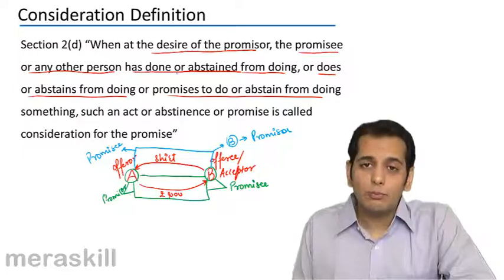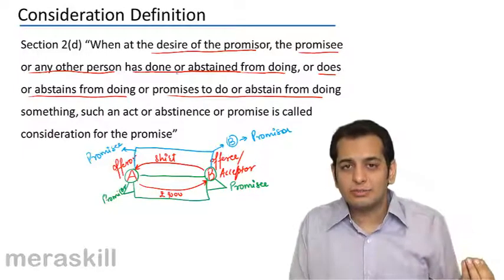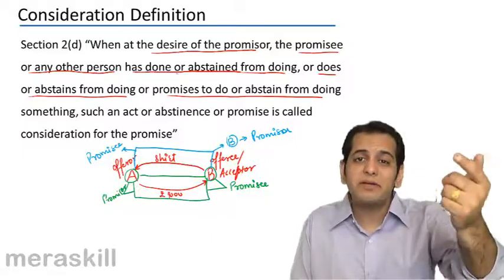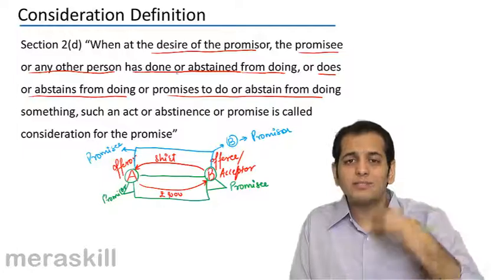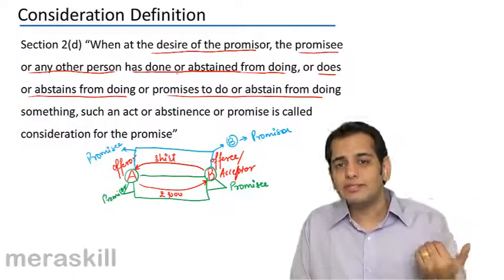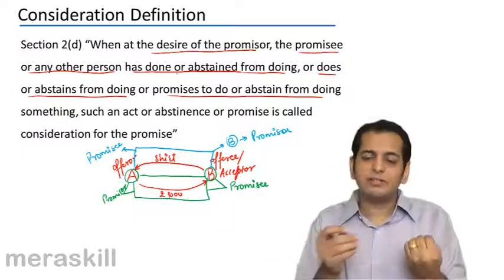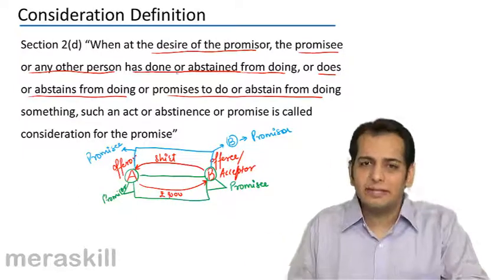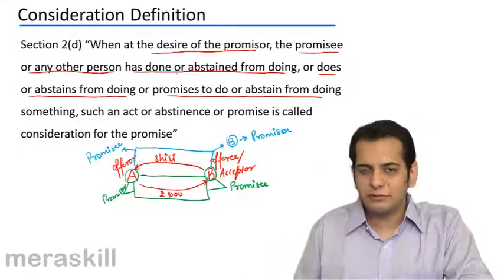Or, in other words, I should say the shirt is consideration for the promise made by A. Because when A is promising to give 1000 rupees, what he is getting in return is a shirt. So, the consideration for the promise made by A is a shirt, and this is what has been given.